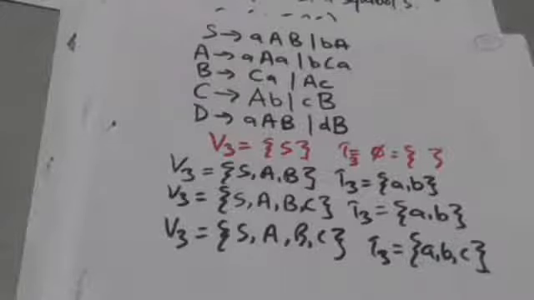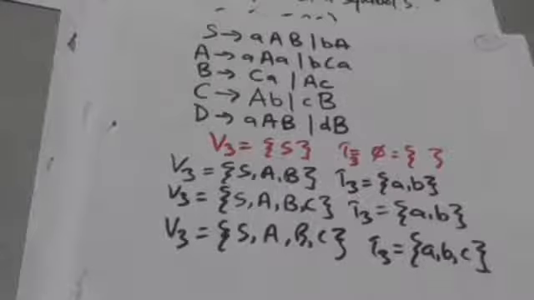Now we have seen the productions of all variables present in set V3. Now we can't add any variables and terminals to set V3 and T3. Variables and terminals which are not present in set V3 and T3 are useless, and productions involving them are also useless, so they should be removed.